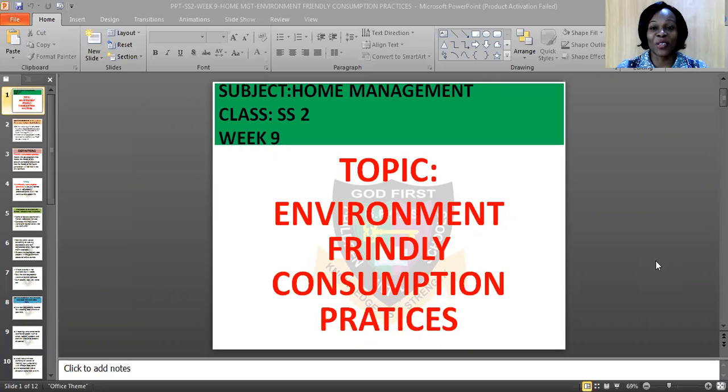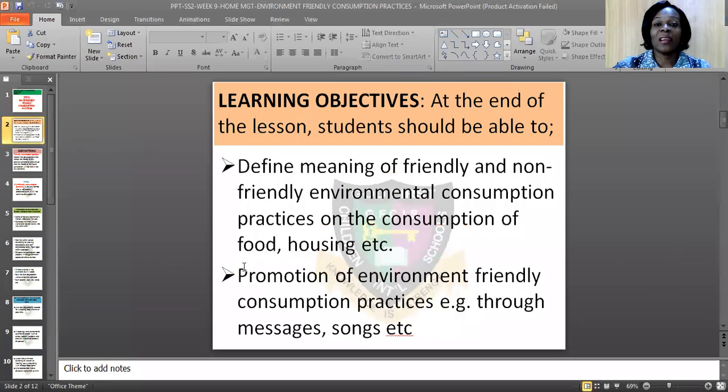Environment friendly consumption practices. At the end of this class, I want each and every one of you to be able to define the meaning of friendly and non-friendly environment consumption practices on the consumption of goods and housing. Do you understand?